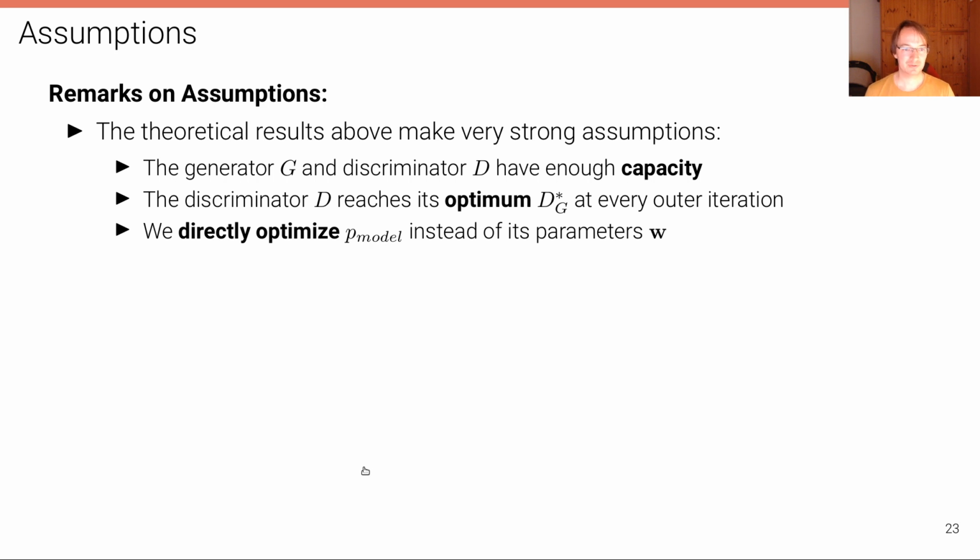And the final strong assumption is that we directly optimize the model distribution instead of its parameters. But of course, the model distribution is represented in terms of parameters of the generator network. So we can't optimize the model distribution directly, but we can only optimize its parameters. And this neural network G that represents the model distribution, of course, has critical points.